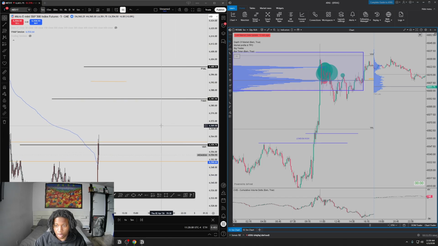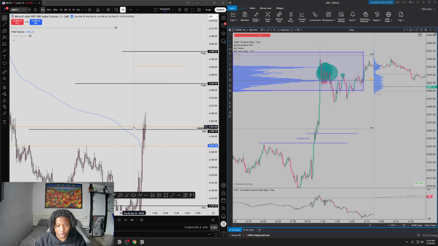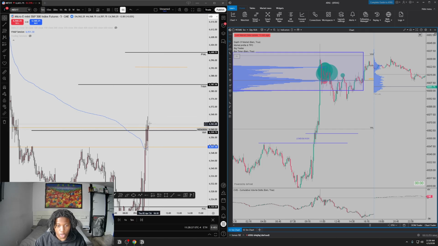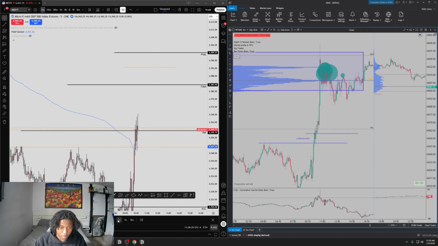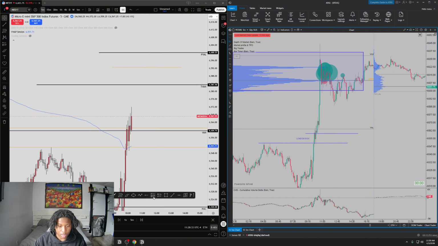Then we closed below the volume area high. Then the next candle closed back above it. Candle rejected, but it was a weak candle. There was a lot of selling pressure into that candle. And the second candle is where I entered.